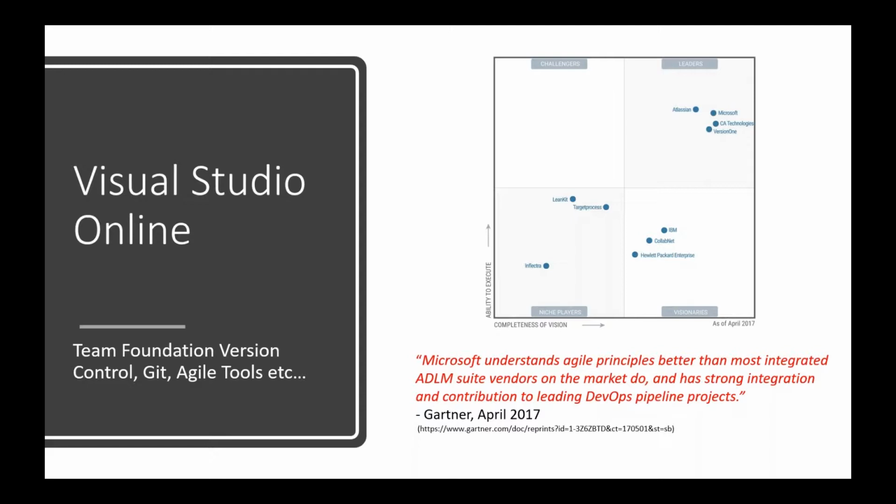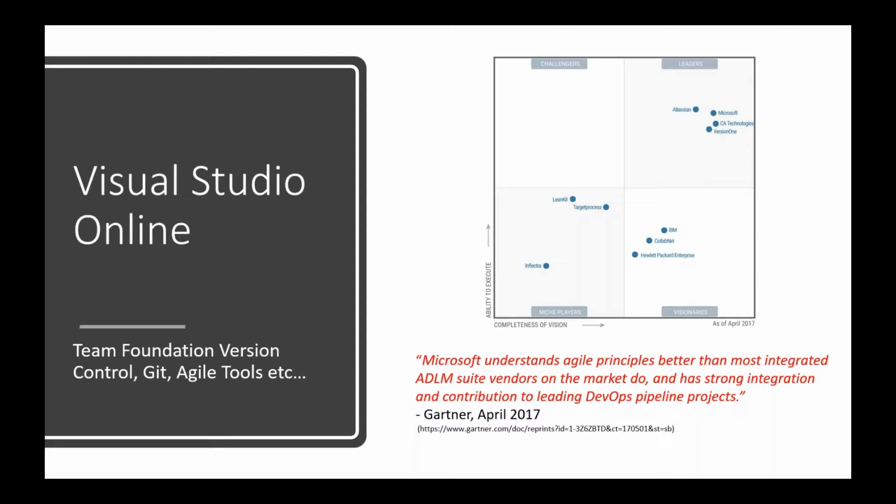And that evolved into Team Foundation Server, which was still an on-prem version of your code repository, which then in the end evolved into Visual Studio Team Services that we see today. So now it's Team Foundation Version Control, or Git if you like that flavor. Visual Studio Online actually supports both.